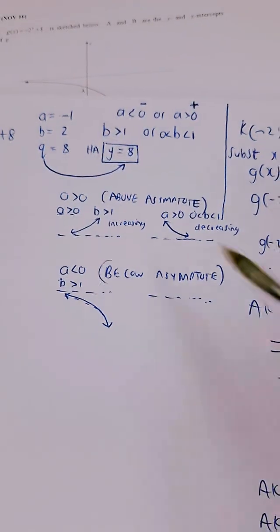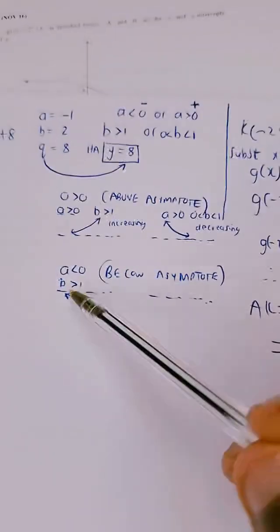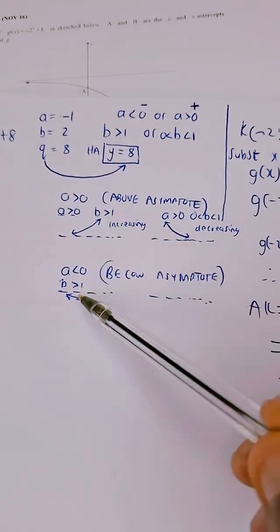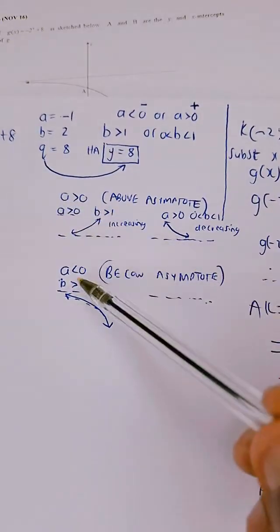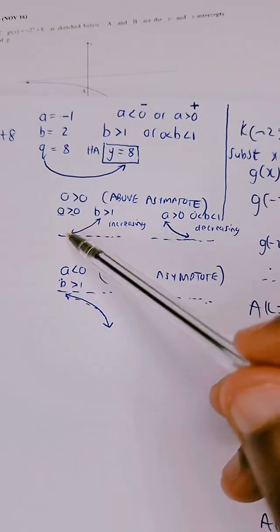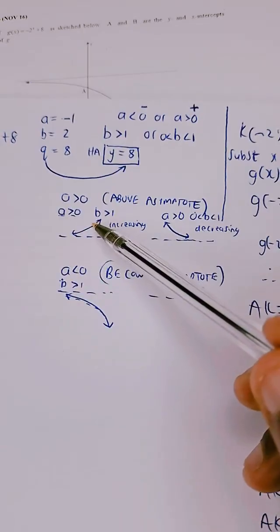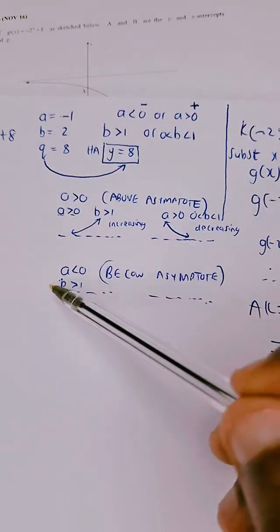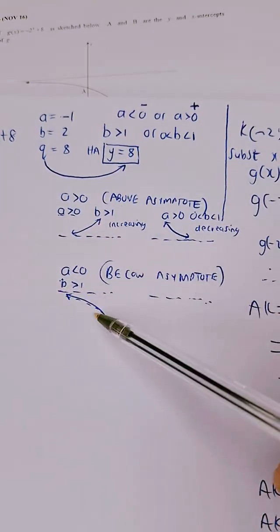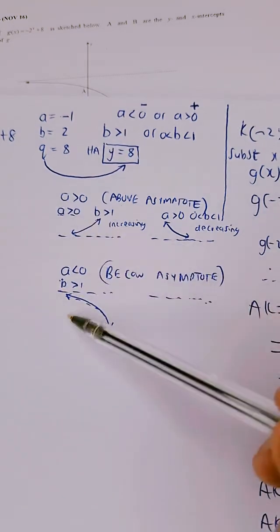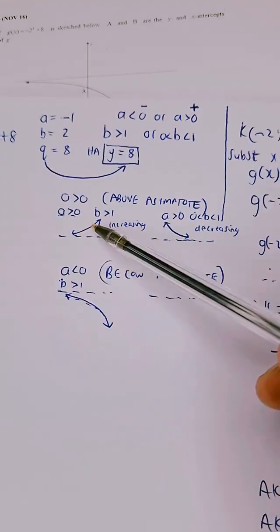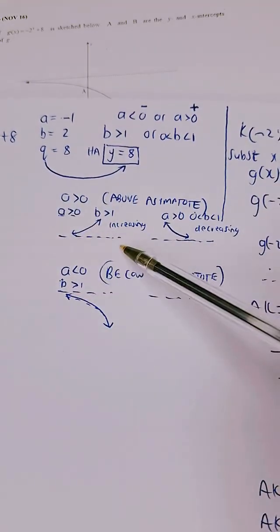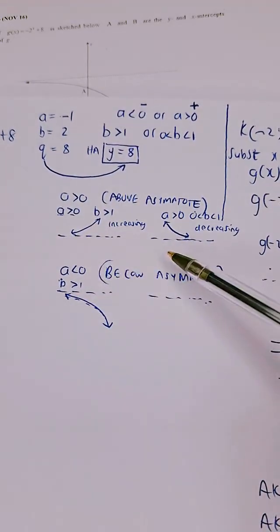Okay, so it's almost as if you can look at this: b greater than 1, b greater than 1, that is the same. But if you change the value of a, this seems to be a reflection along the asymptote of this function. These two are reflections of each other. So it's like this function is standing at the mirror and it's looking at itself on the other side of the mirror, which is the asymptote. All right.